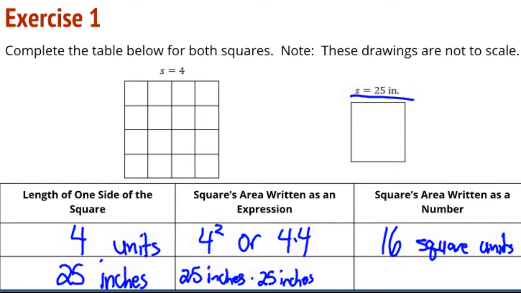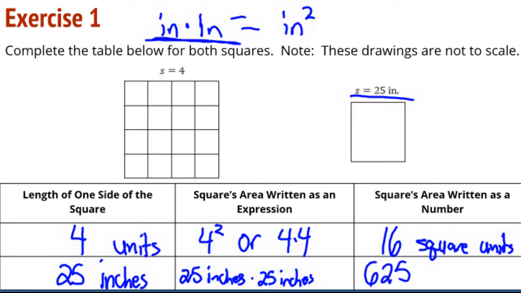Now, if we multiply inches times inches, then we wind up with square inches. Repeated multiplication straight out of the exponents lesson there. So 25 times 25 is going to give us 625 square inches.